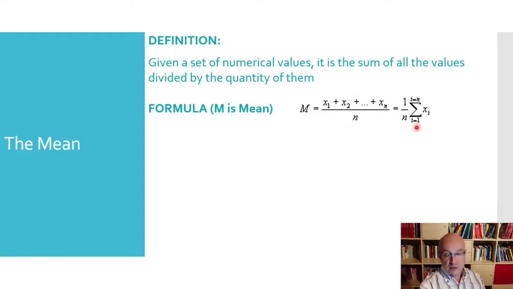The numerator is also expressed by this term, which stands for the sum of the x values indexed by the letter i, where the letter i ranges from 1 to n, which is the number of the values in a distribution.